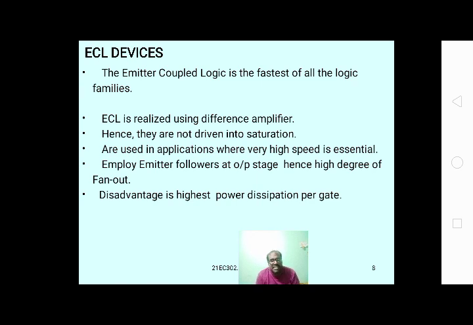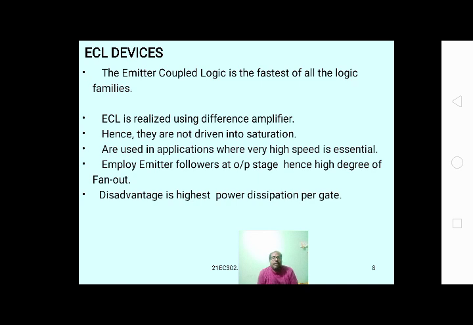VCC is normally connected to ground and 5.2 volts is normally connected to VEE for best operation. Because of the low output impedance of the emitter follower circuit and the high impedance of the differential amplifier circuit, high fan out operation is possible for this given circuit.